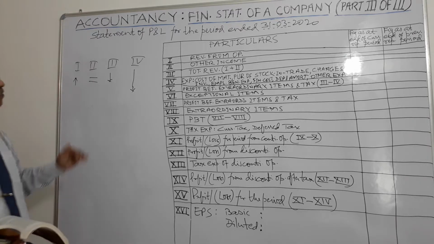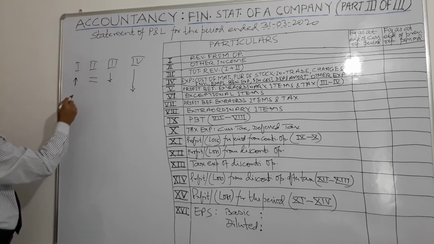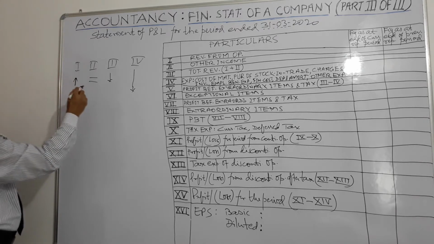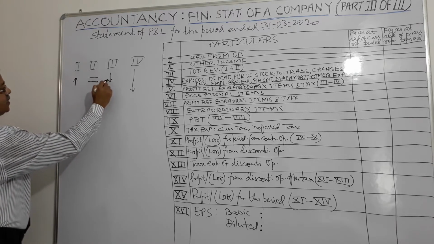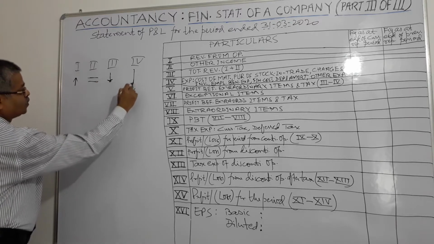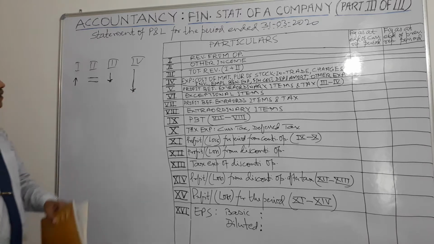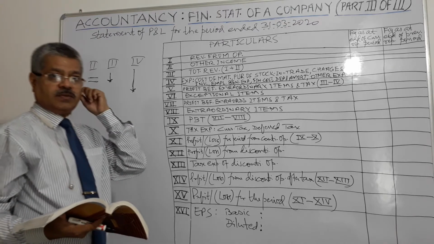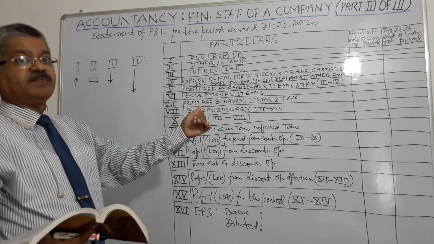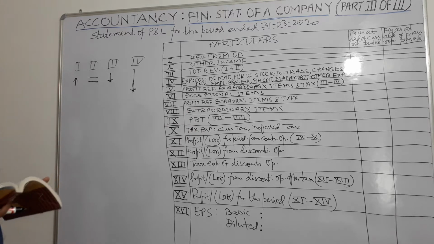So what is happening? First year the performance was going up, result was going up. Second year it became stagnant. Third year it somewhat declined. Fourth year it took a deep dip, right? So what is happening to my investment? It shows that my investment is not very safe and secure, right?